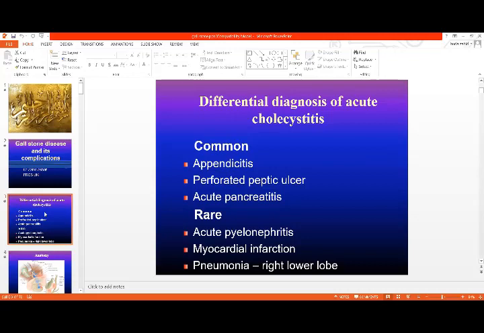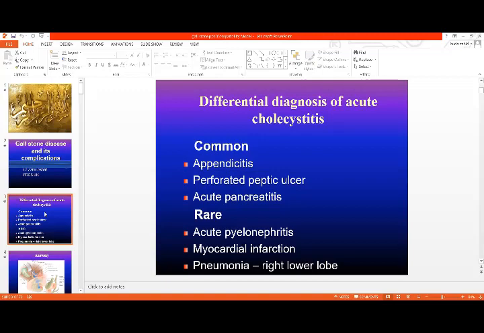If somebody gives a history of dyspepsia in the past and a history of taking NSAIDs, non-steroidal anti-inflammatory drugs, for joint pains or some other conditions, and suddenly they have this severe pain, that's the differential diagnosis you should think of.